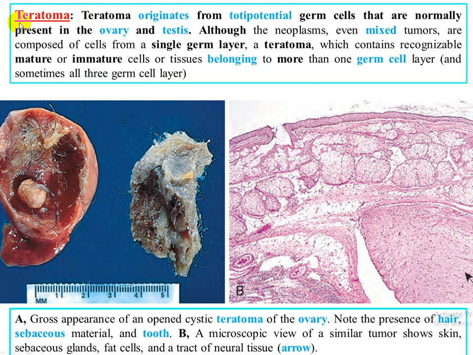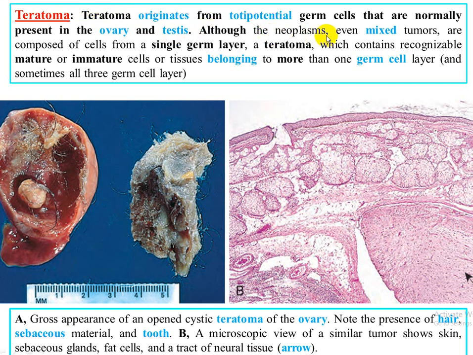The last slide illustrates the teratoma. Teratoma originates from the totipotential germ cells which are present in testis or ovary. It is classified into mature teratoma, which is always benign, or immature, which some references classify as a malignant tumor.